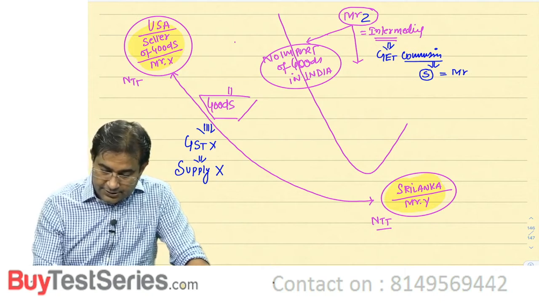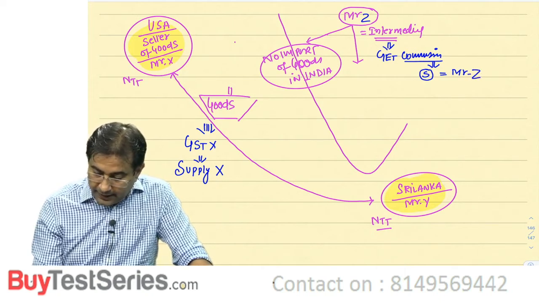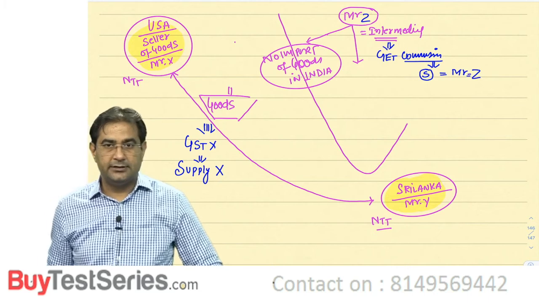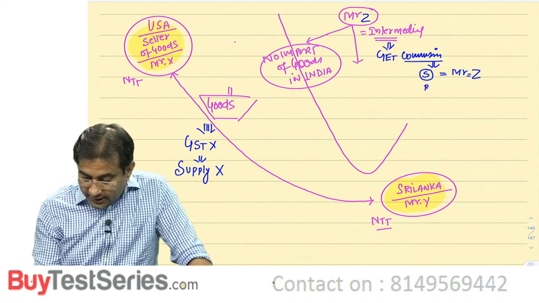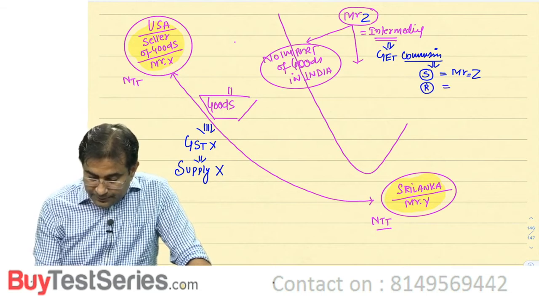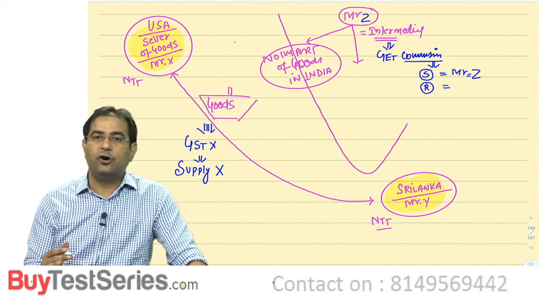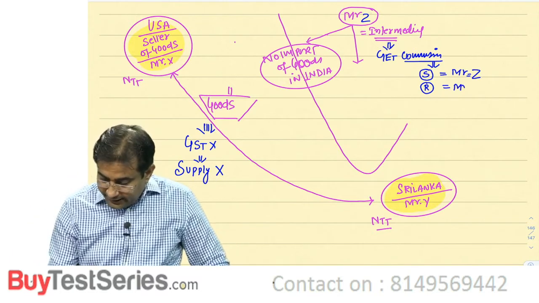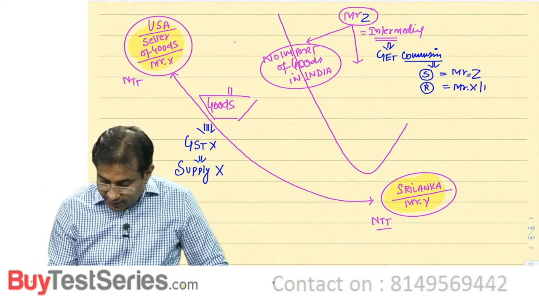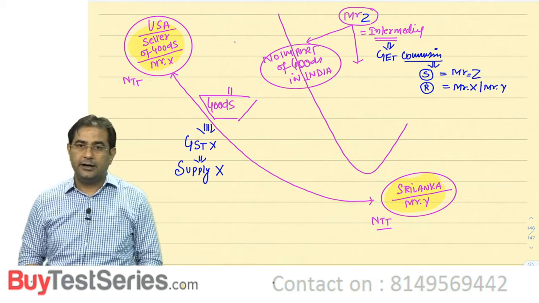Intermediary's name is Mr. Z. So, supplier is Mr. Z. And who is the recipient? The recipient may be one party or maybe both parties, like Mr. X and or Mr. Y.